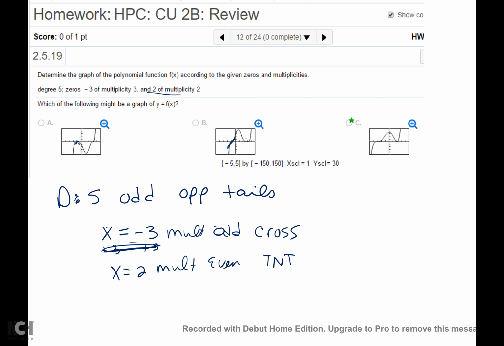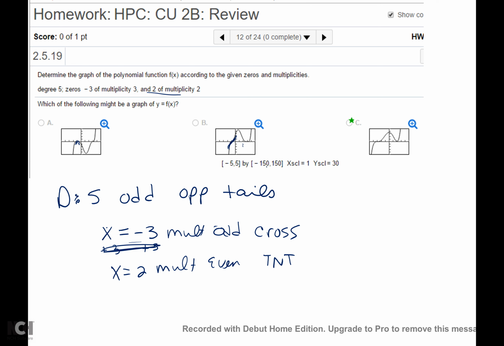It does that anytime you have multiplicity over 1. Okay? 3, again, anything odd will cross, but odd and bigger than 1 is going to cross and be kind of flattened out, instead of just going straight through it. Okay, and at 2, I'm assuming that would be my 2. Alright, it has to be, or no, I don't know what they're counting by.